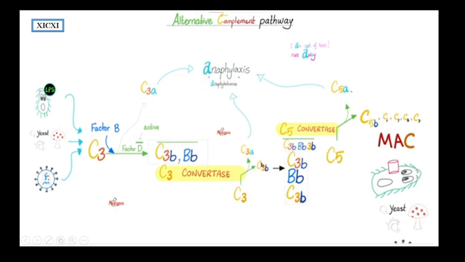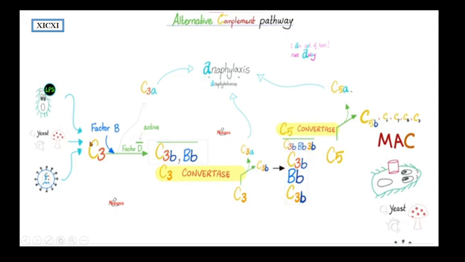Remember, we are going to have C3B twice in this alternative complement pathway. After activation of C3, they form C3B, and factor B forms Bb. These two form a convertase, which will convert again.